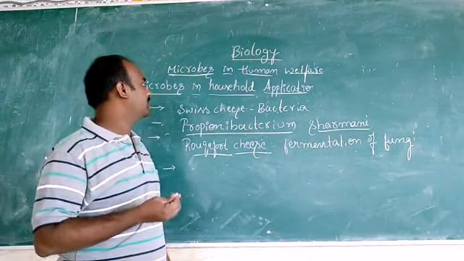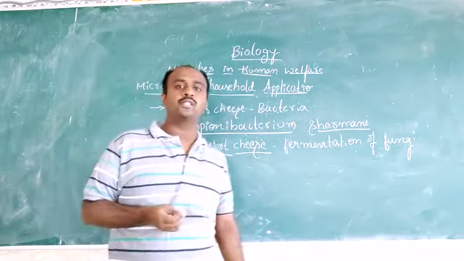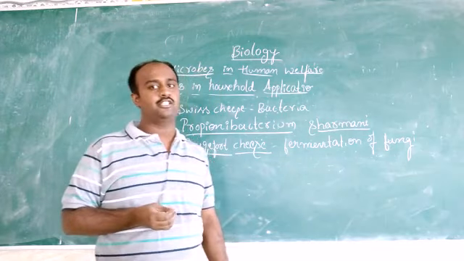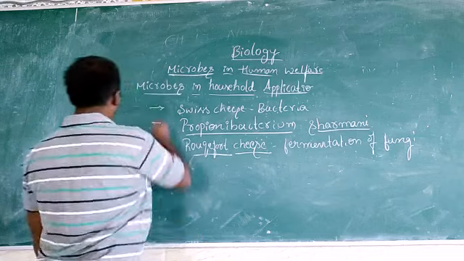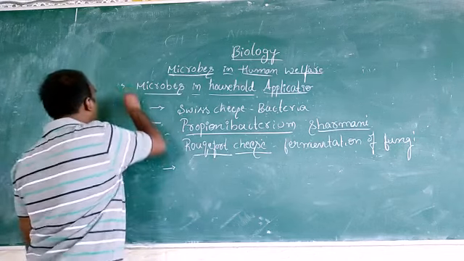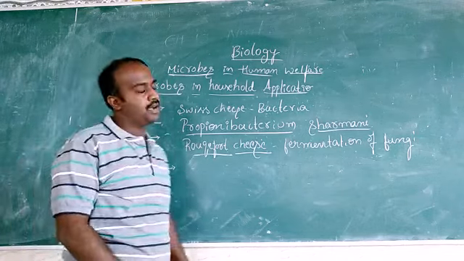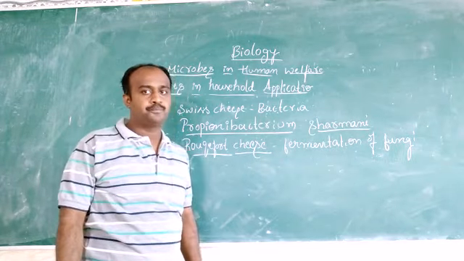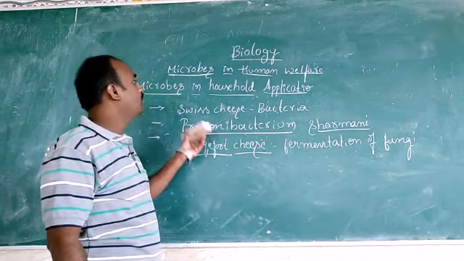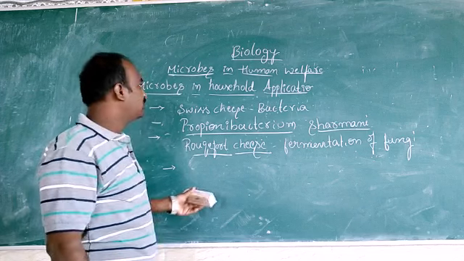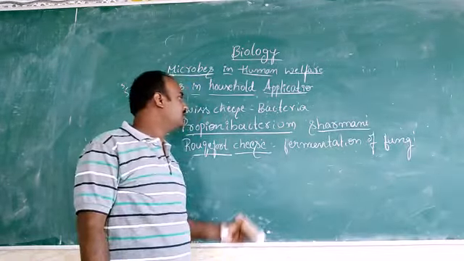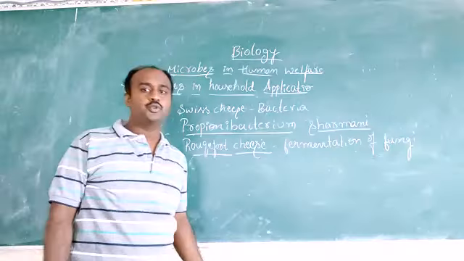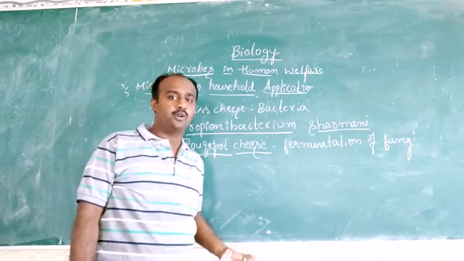Then we moved on to our chapter, the use of microbes in household applications. This question may be asked for 3 marks or 5 marks in our board exams. The question may be, mention the use of microbes in household applications. If they ask for 3 or 5 marks, we should write 6 to 7 points.